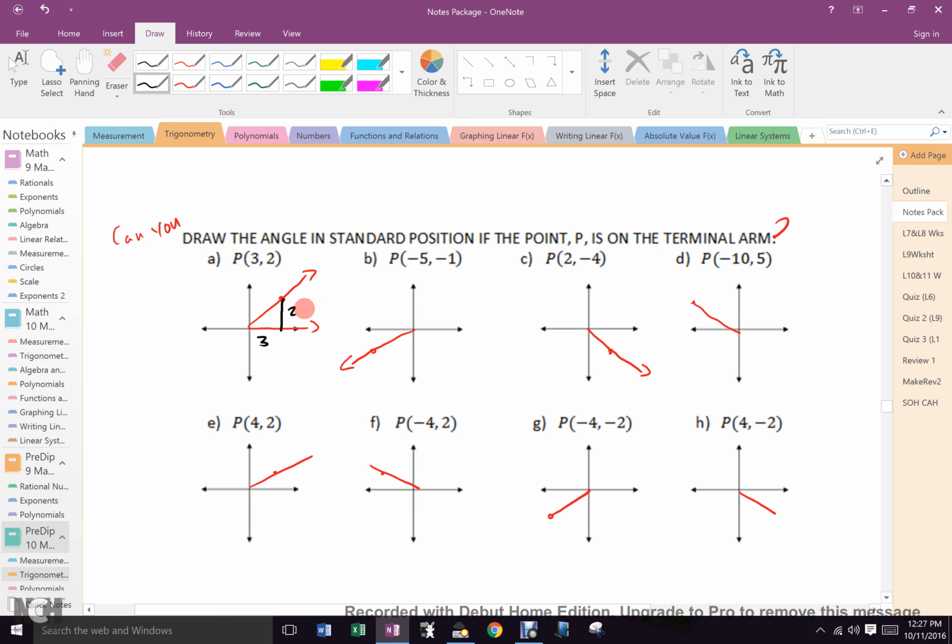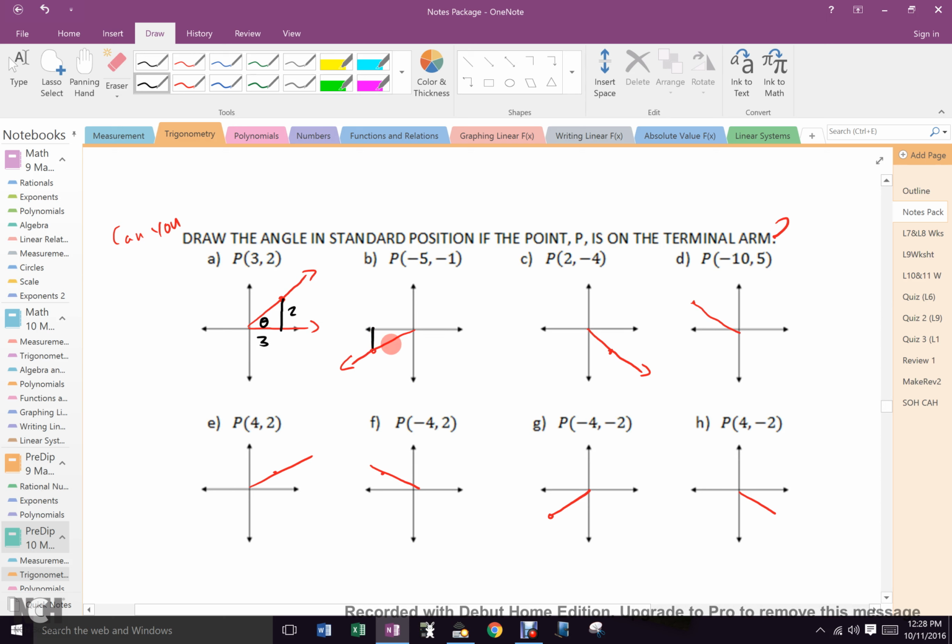What did we just do? Trigonometry. If that's theta, what did we make? Angle of elevation. So we got an opposite and an adjacent, don't we? Yes.